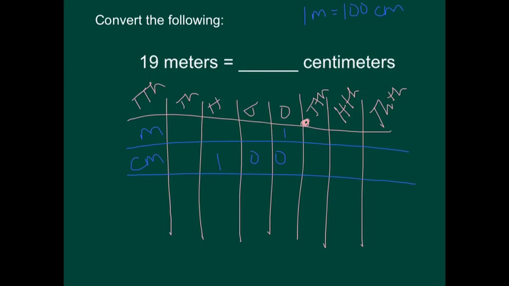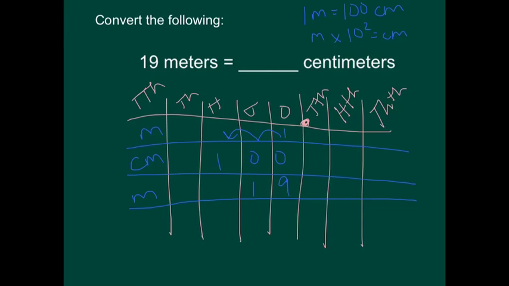Now I just have to figure out exactly what my conversion is. I'm going to jump over 2 spaces, which shows that I'm definitely multiplying. Since I moved over 2 spaces, I know meters times 10 to the second power equals centimeters. Now I just have to take the number they gave me and do the same thing. So I have meters, and I put in 19 because that's how many meters they gave me.